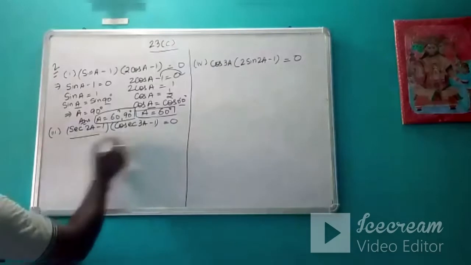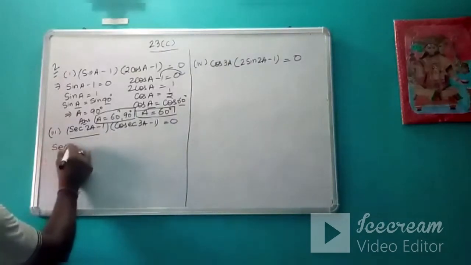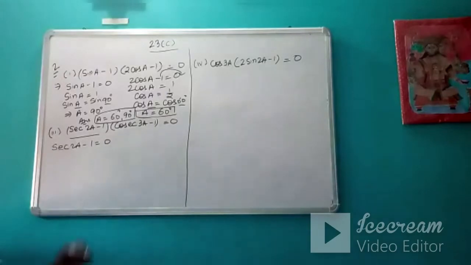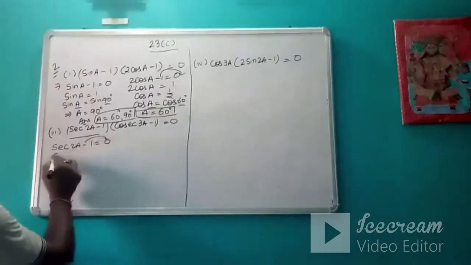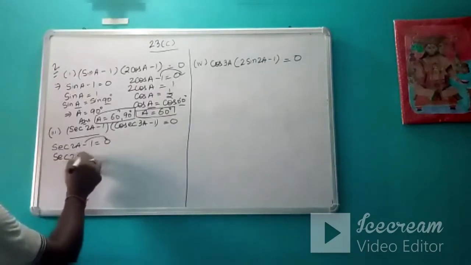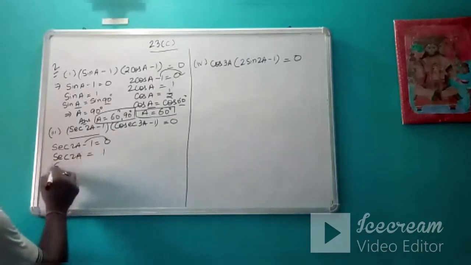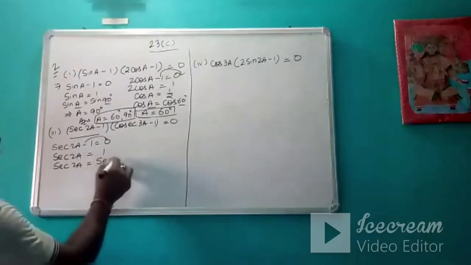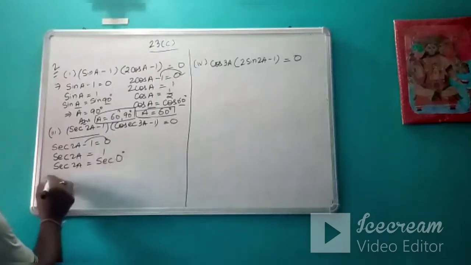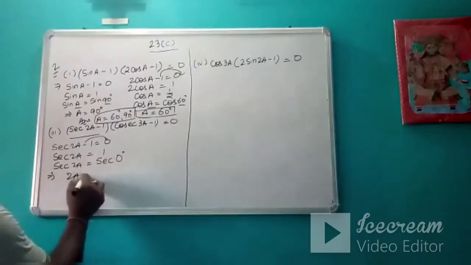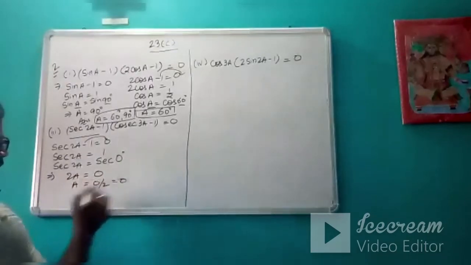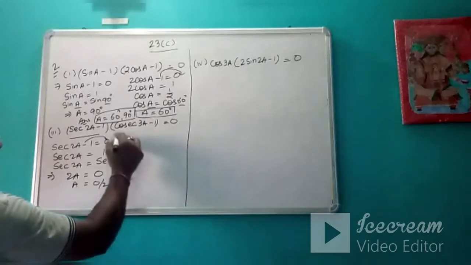Let's see one more time. Like this, then 1 will go there, and we know that sec is 1 when the angle is 0 degree. That means you will get 2A is equal to 0, or A is equal to 0 by 2, that is 0 degree.